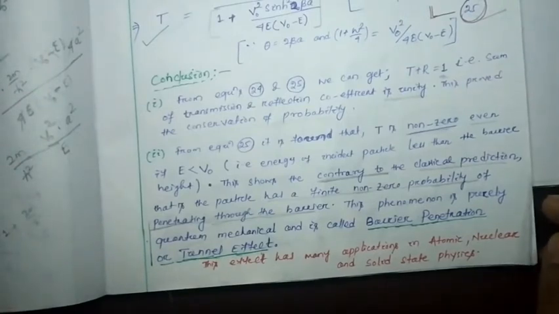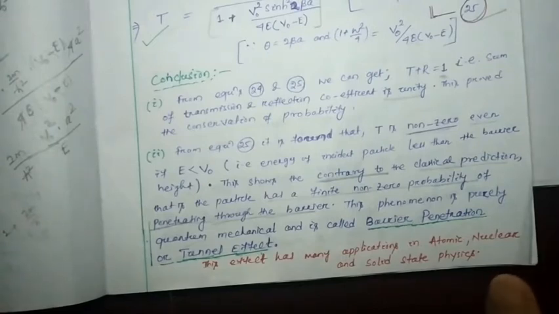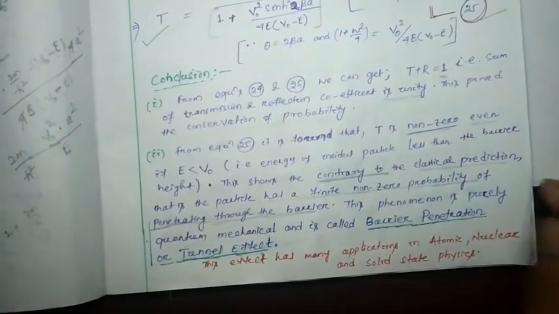In your BSc also, alpha decay, one problem maybe we are going to discuss in nuclear physics. I think maybe you studied alpha decay in nuclear physics; that is one of the examples of this tunneling effect.